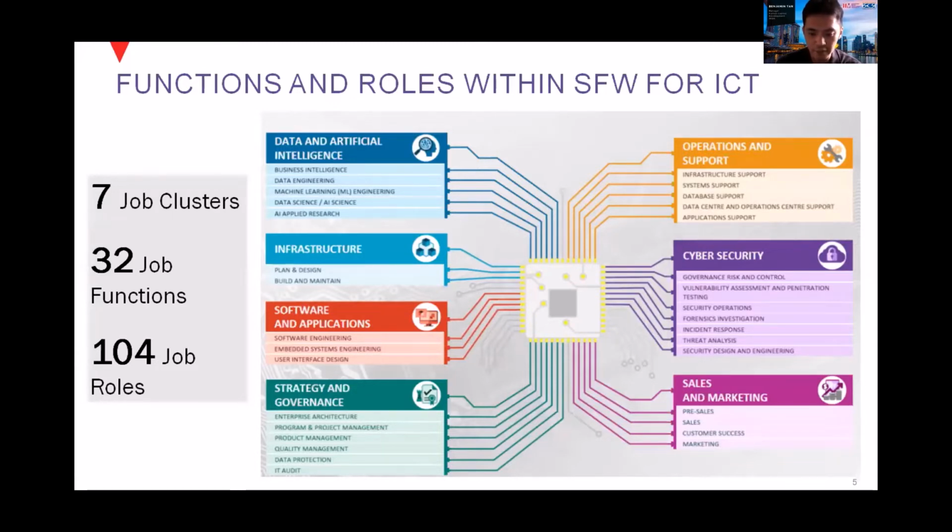Within these 7 job clusters, there are 32 job functions. By job functions, we mean you can call them subclusters under each cluster. For example, under the data and AI cluster, there is business intelligence, data engineering, machine learning, data science, as well as AI and applied research. And underpinning all these 32 job functions are the 104 job roles that make up the skills framework for ICT.